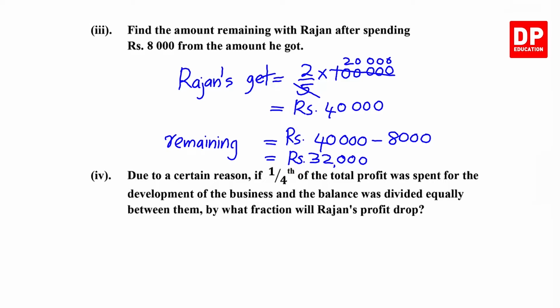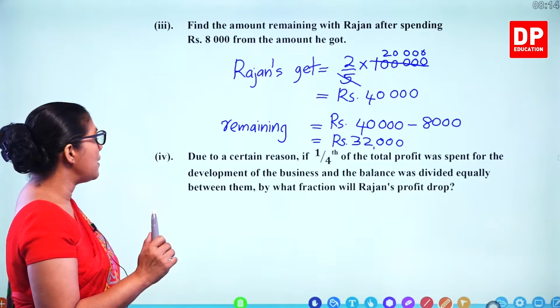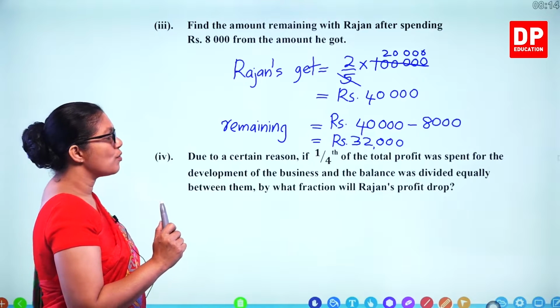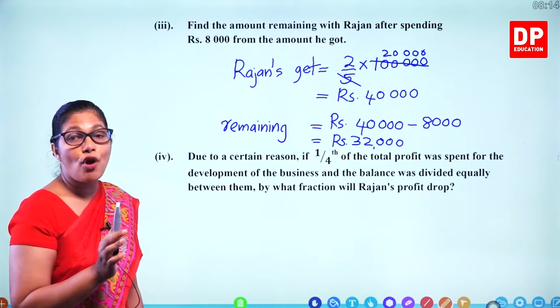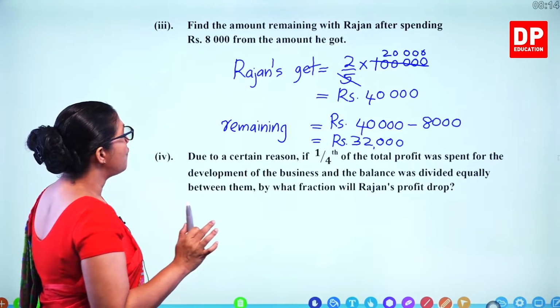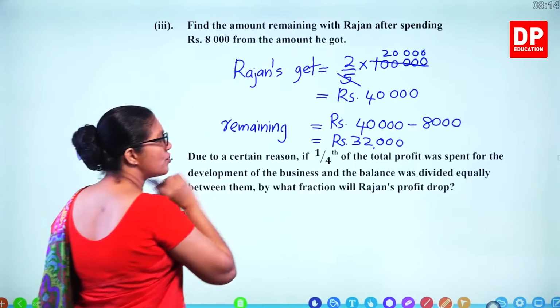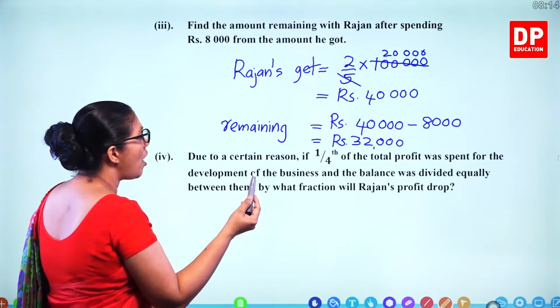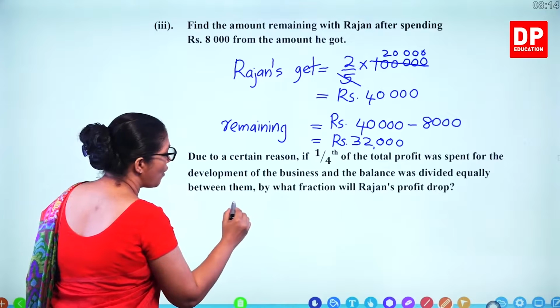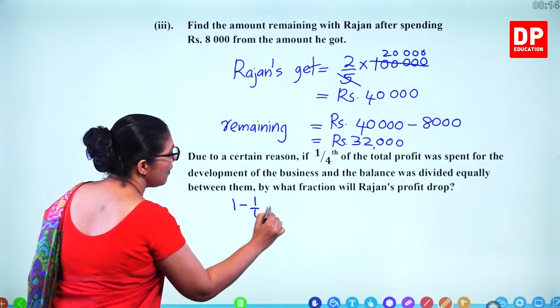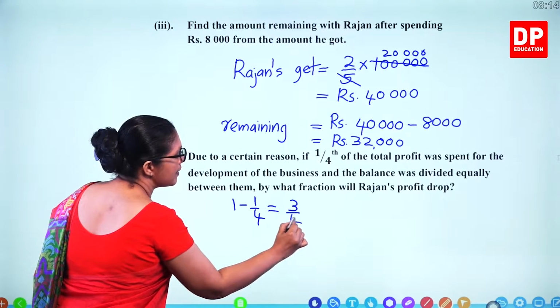Now the fourth part. Due to a certain reason, if 1/4 of the total profit was spent for the development of the business and the balance was divided equally between them, by what fraction will Rajan's profit drop? So here, if 1/4 is used, what's the remaining amount? 1 minus 1/4, that means 3/4 remaining.